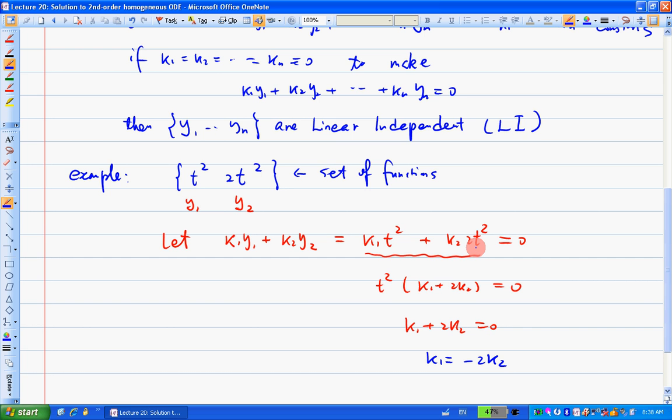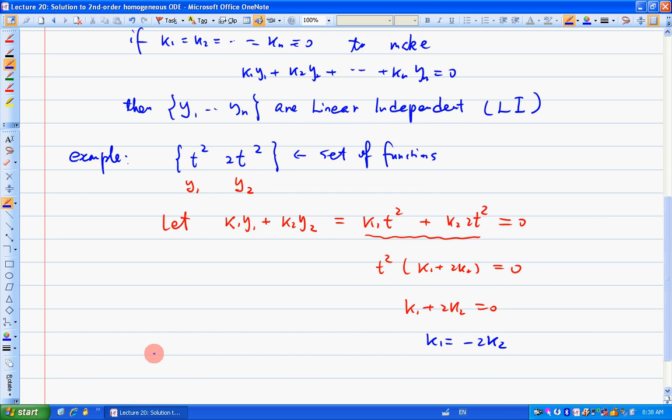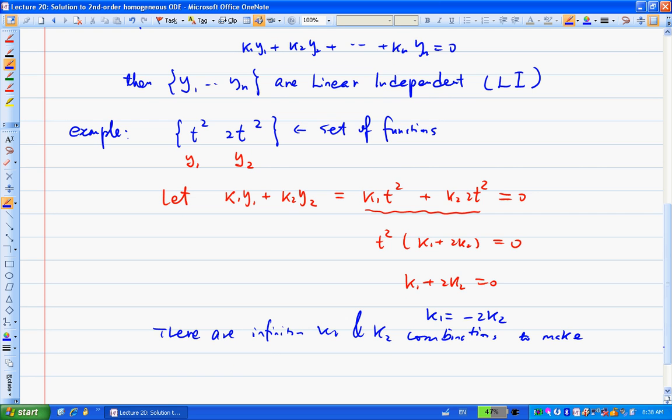Infinite. And one of the choices, of course, is 0, 0. So there are infinite k1 and k2 combinations to make k1 y1 plus k2 y2 equal 0.